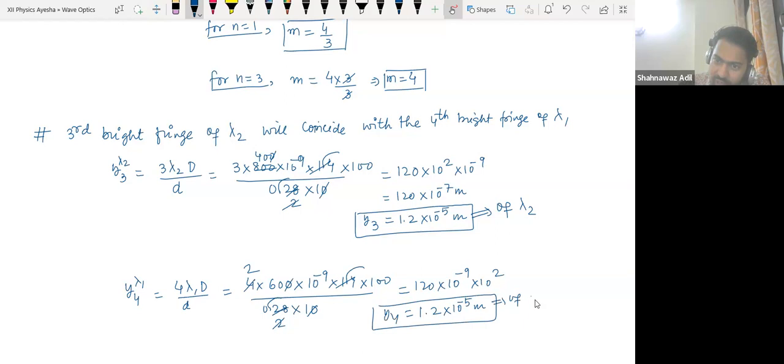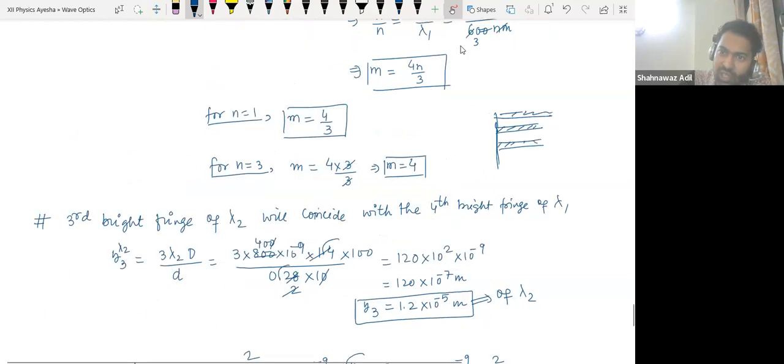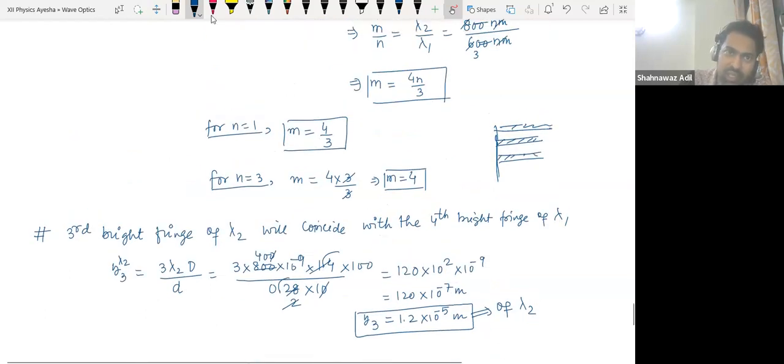of lambda 1. So you guys saw that we had these fringes for one case, right? And then we had the fringes for the second case. So we saw that this one was overlapping, and the next overlapping came in here, right?